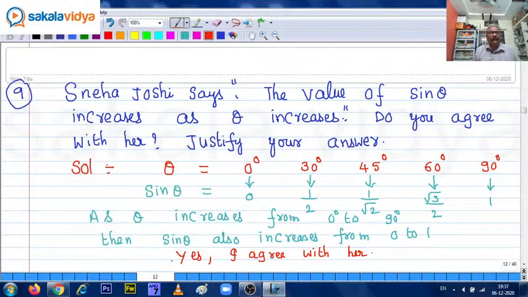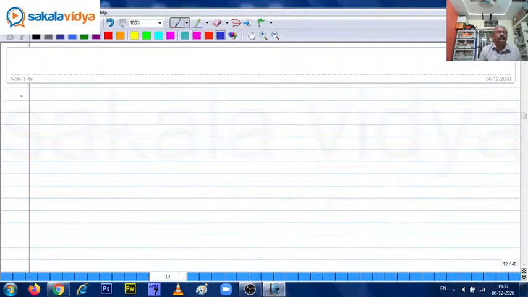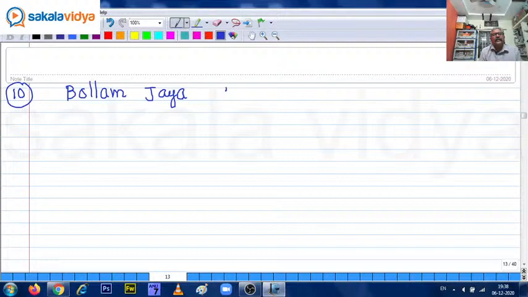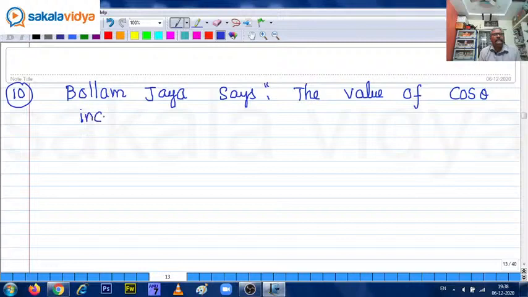One more thing. 10th question. Bollam Jaya says the value of cos theta increases as theta increases.